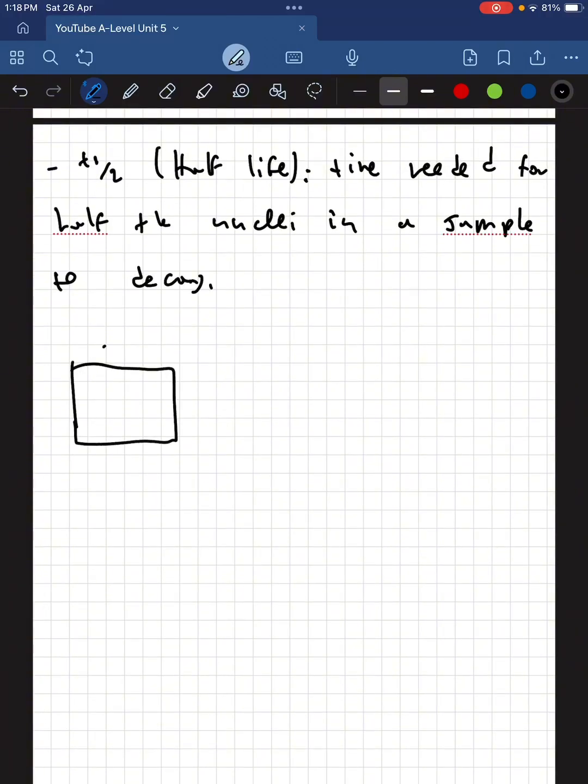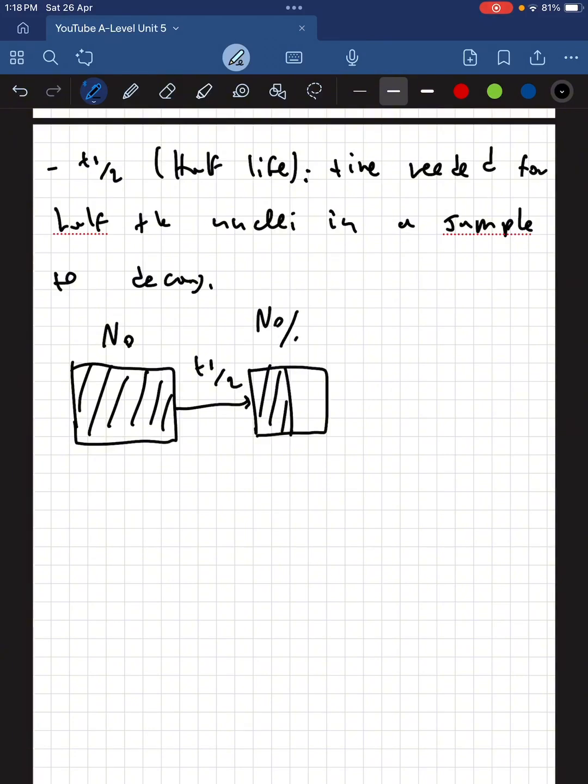So if we start with N naught, where N naught is the number of radioactive nuclei, so maybe it's 100, in one half-life, half of them will be gone, okay? So we'll be left with N naught over 2.